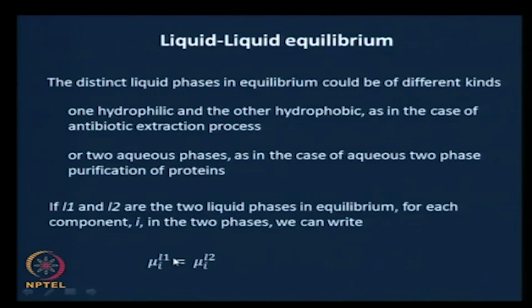As mentioned earlier, L1 could be a hydrophilic phase and L2 could be a hydrophobic phase, or L1 could be one aqueous phase and L2 could be another aqueous phase, as in the case of aqueous two phase extraction. Now, let us call this equation 5.39.